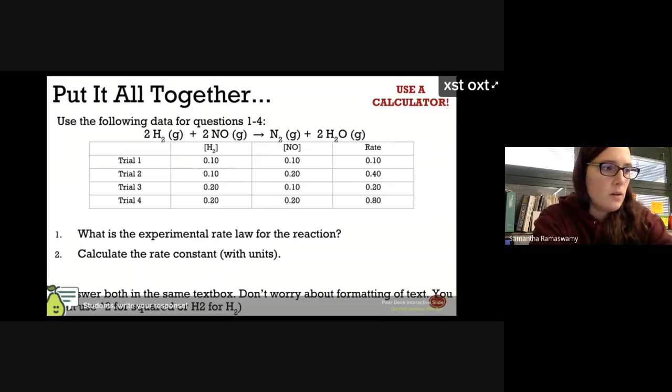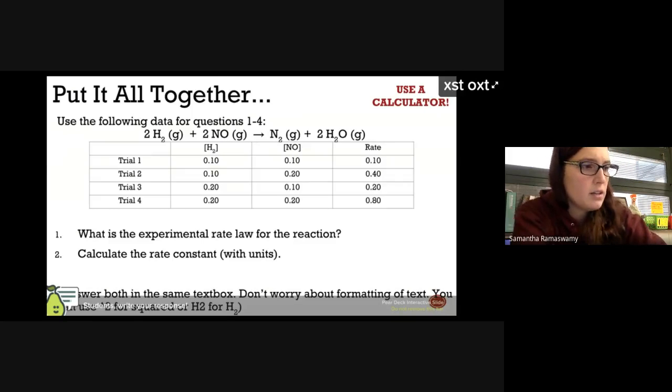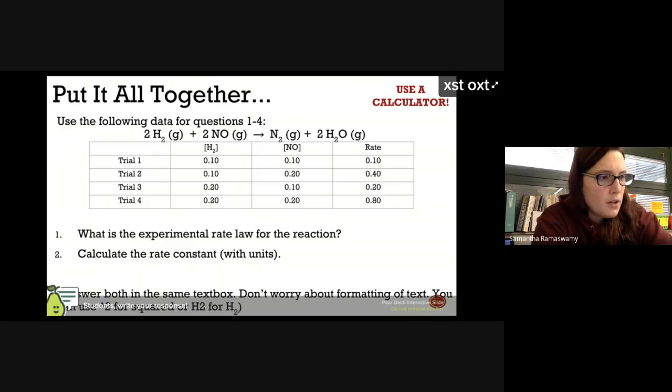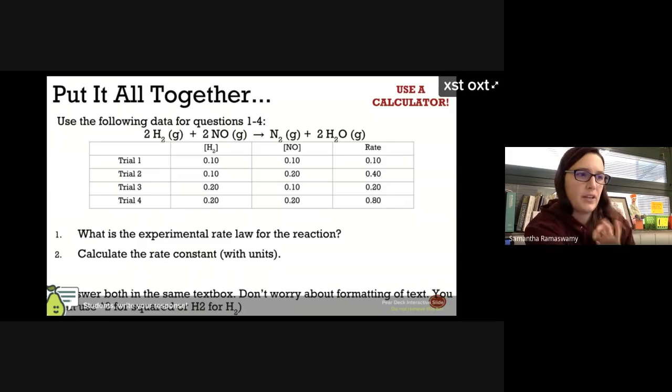And so again, you want to check your rate law. I was leaving some feedback on some people's, as they're typing, while watching everybody write. I tried to leave some feedback on rate laws.